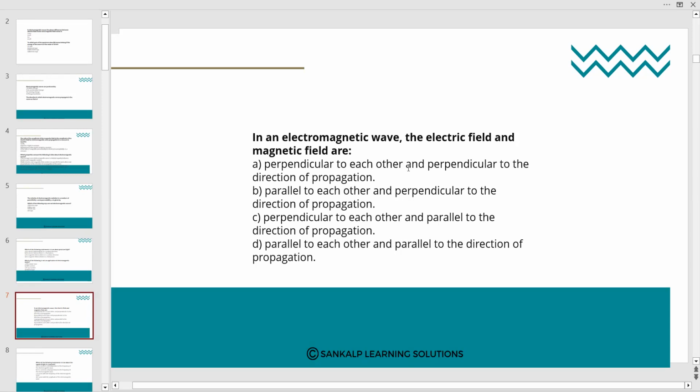So option A and C are there. But we need to understand whether the direction is also perpendicular or they are parallel. For the direction of propagation also, they are perpendicular. That is option A is the correct answer here.